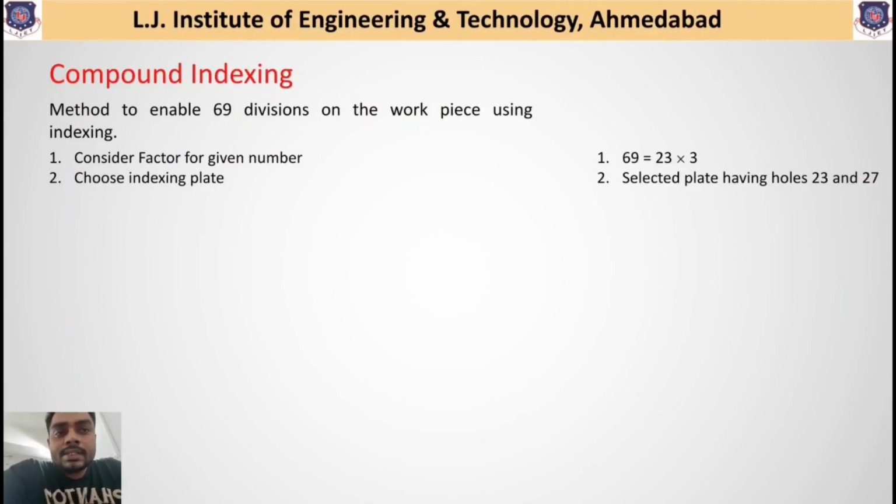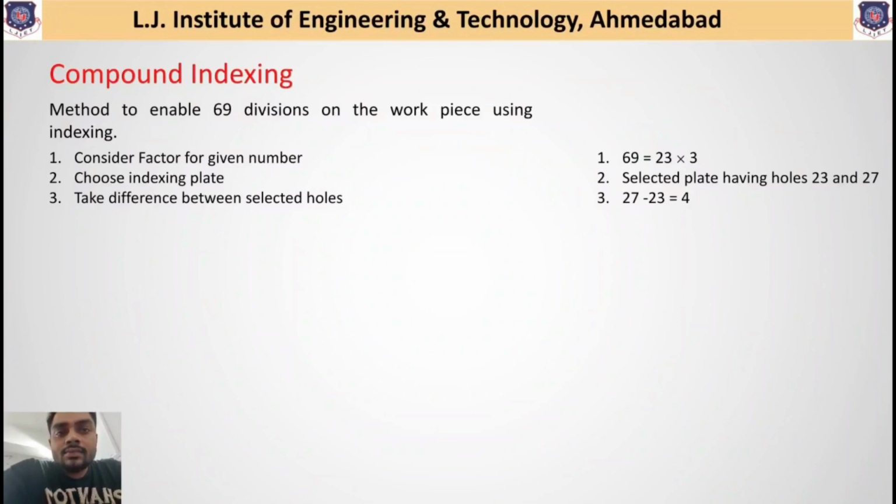Now the next step is to take the difference between the selected holes. As we can see in step 2, we have selected the plate having holes 23 and 27. The difference between these two is 27 minus 23, which is equal to 4.